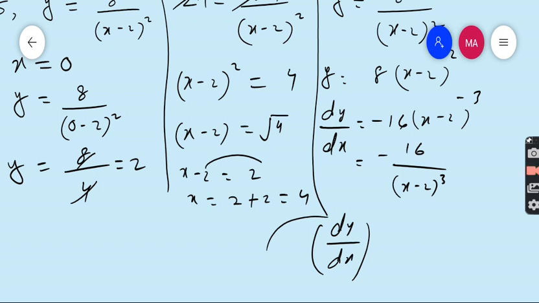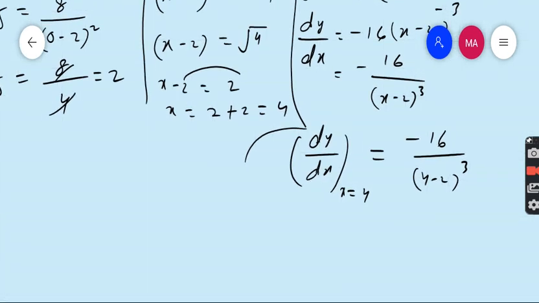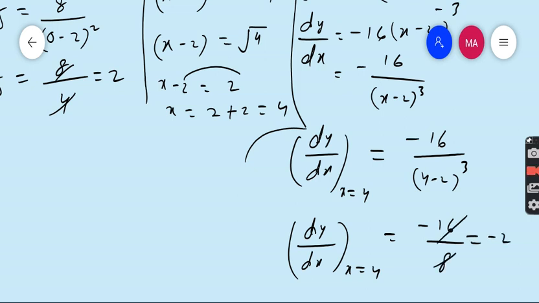At x equal to 4, minus 16 upon (4 minus 2) to the power 3. 4 minus 2 is 2, 2 cubed is 8, so the answer is minus 2.